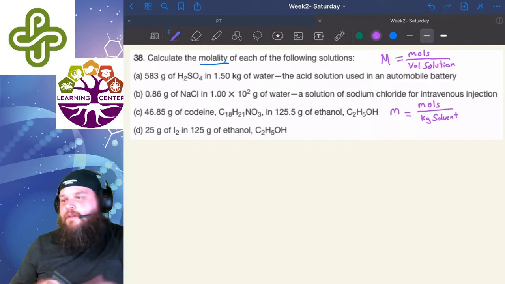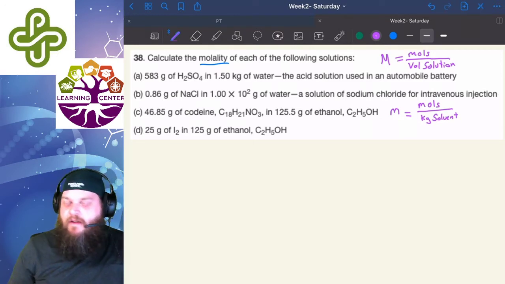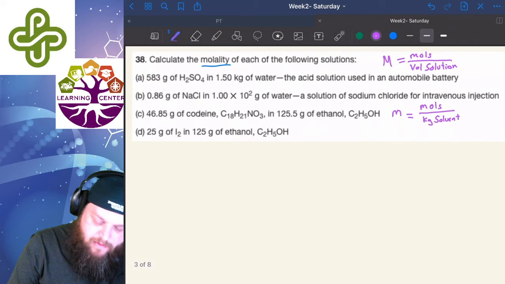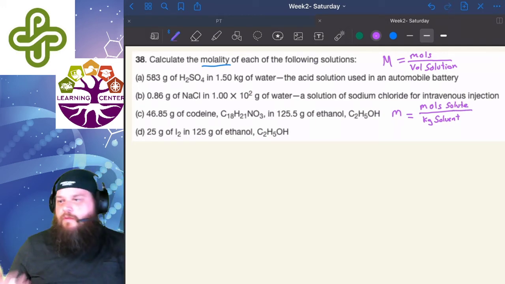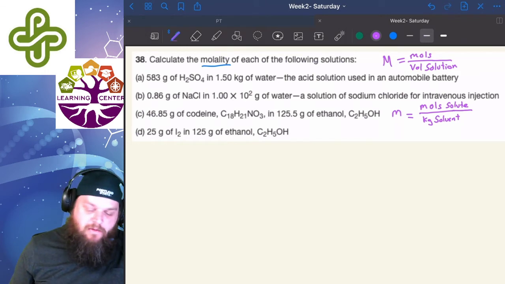So that's an important thing to realize. It's the mass of the solvent in kilograms. Doesn't matter how much solute you have in there. We're only looking at the mass of the solvent, and the moles is the moles of solute. I should write, if I can spell solute, that'd be good. So the moles of the solute divided by the mass of the solvent in kilograms.